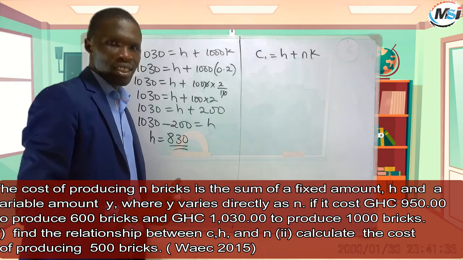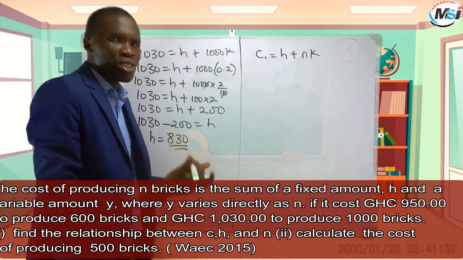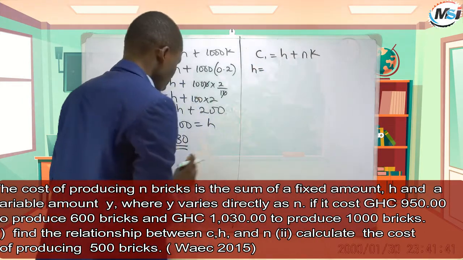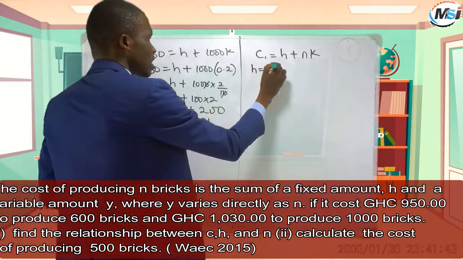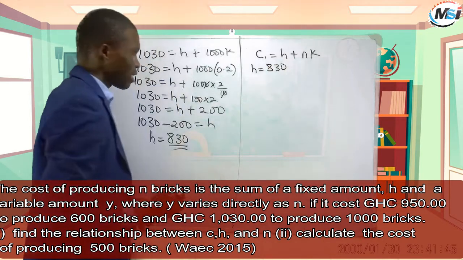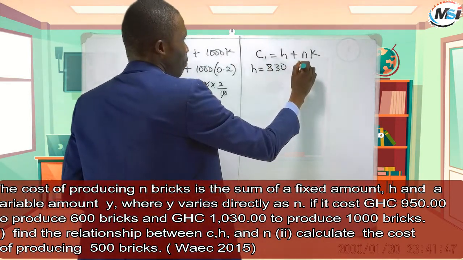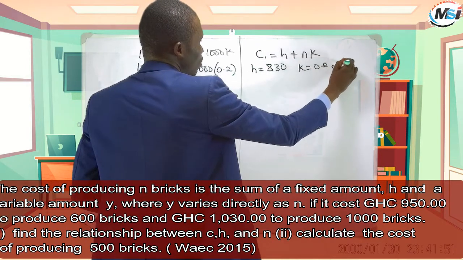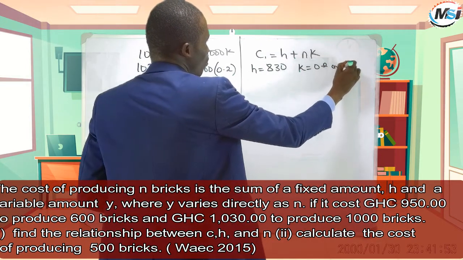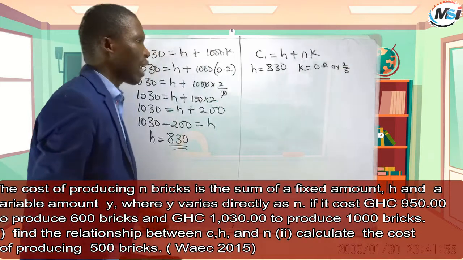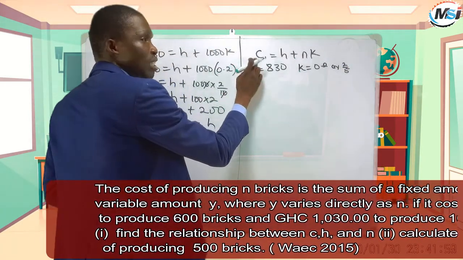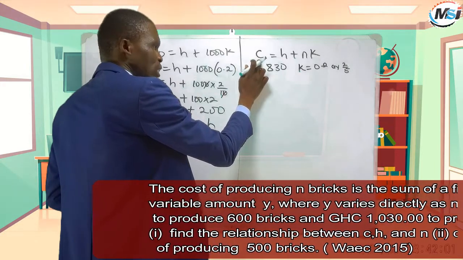To find the cost of producing 500 bricks, you need to understand H, we have 830, then K, we have 0.2 or 2 all over 5. Then we have C, which is what we are going to find now.